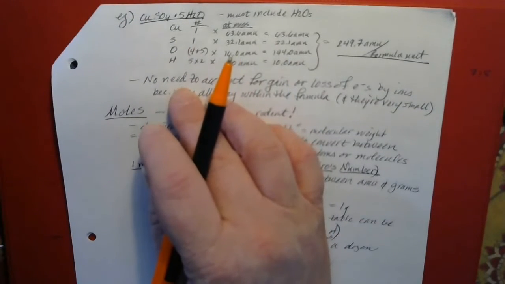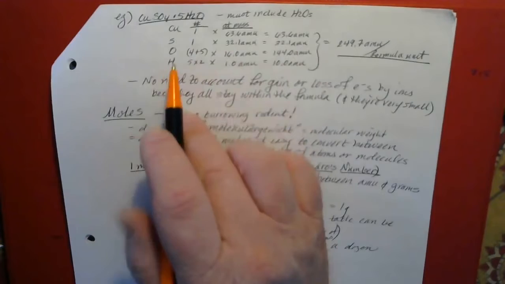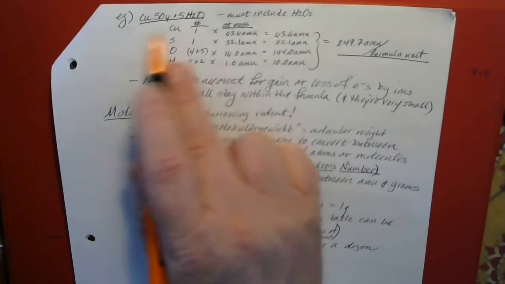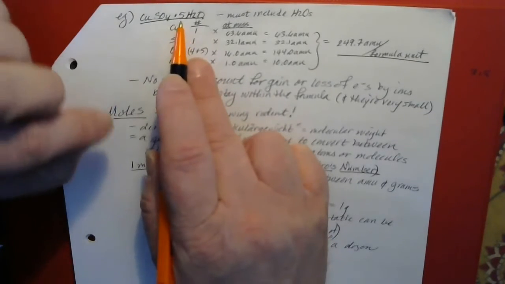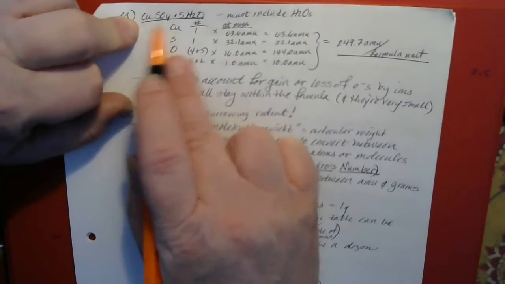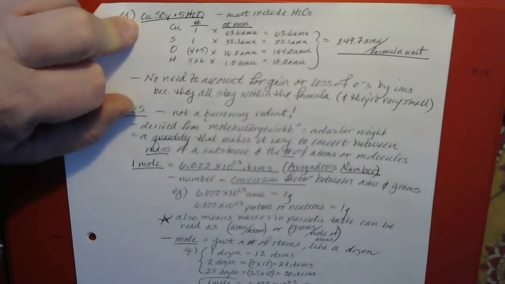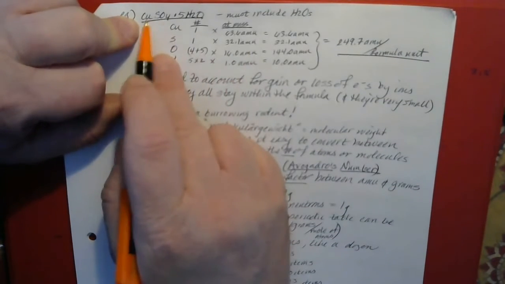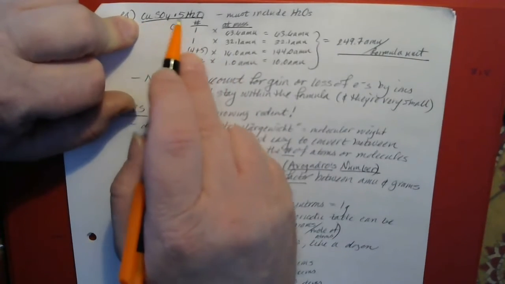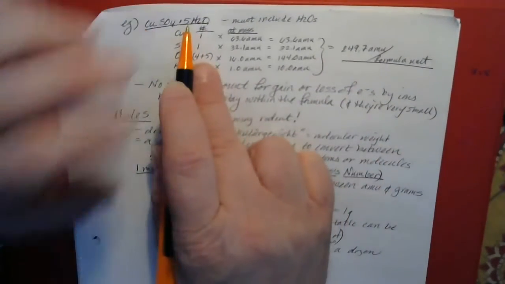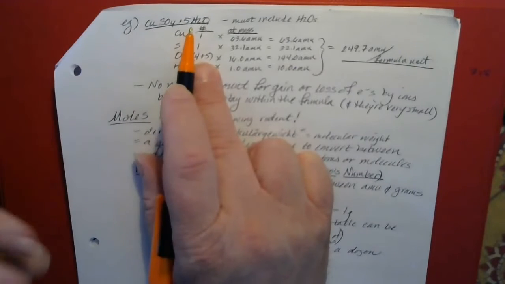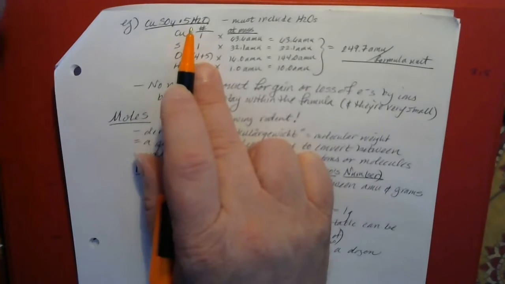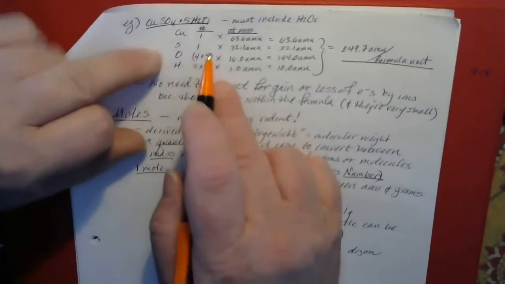Basically what you've got is a 3-dimensional matrix of alternating copper ions and sulfate ions. And on average throughout that matrix, for each combination of a copper ion and sulfate ion, you have 5 water molecules clinging around them. And so those 5 H2Os are there, and as long as they're there, you have to count them.